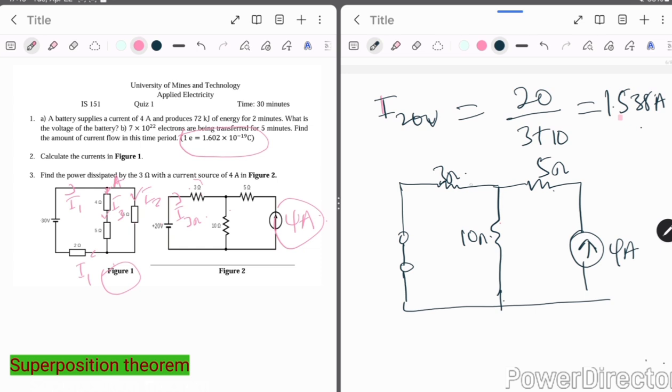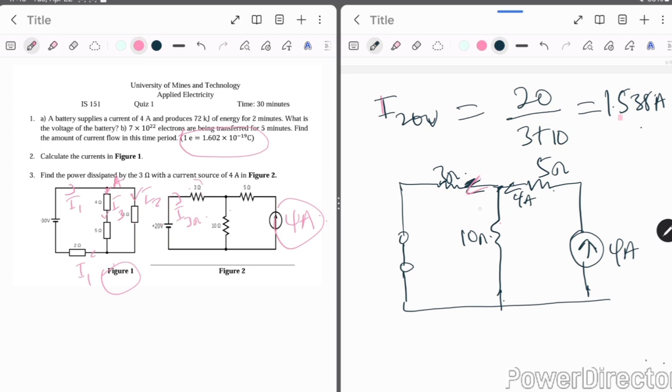So you can see that I'm interested in the current that is passing through the 3 ohms resistor here, right? You can see this current, which is 4 amps, is actually going through the 5 ohms. And once it gets here, this 4 amps is going to be divided.